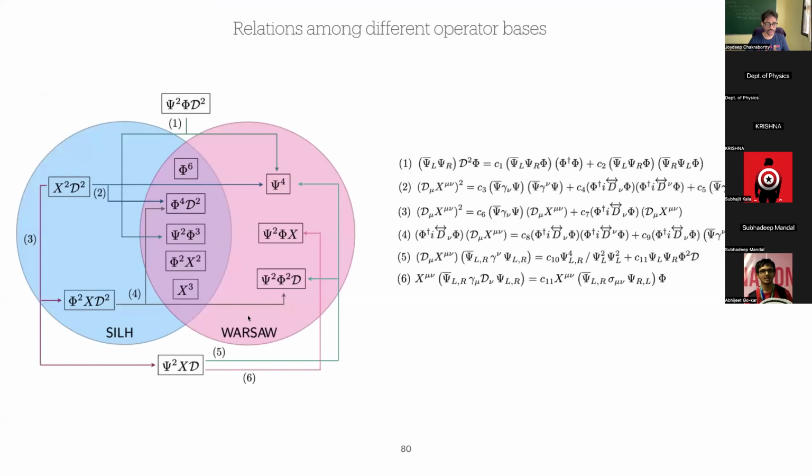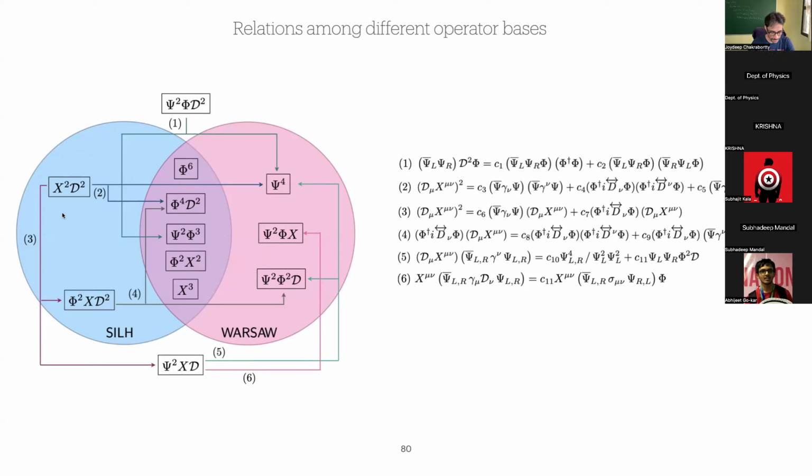This is a nice pictorial demonstration of how you go from one basis to another and how they are related. This is the basis where you are working in a strongly interacting light Higgs basis. And why is this basis interesting?